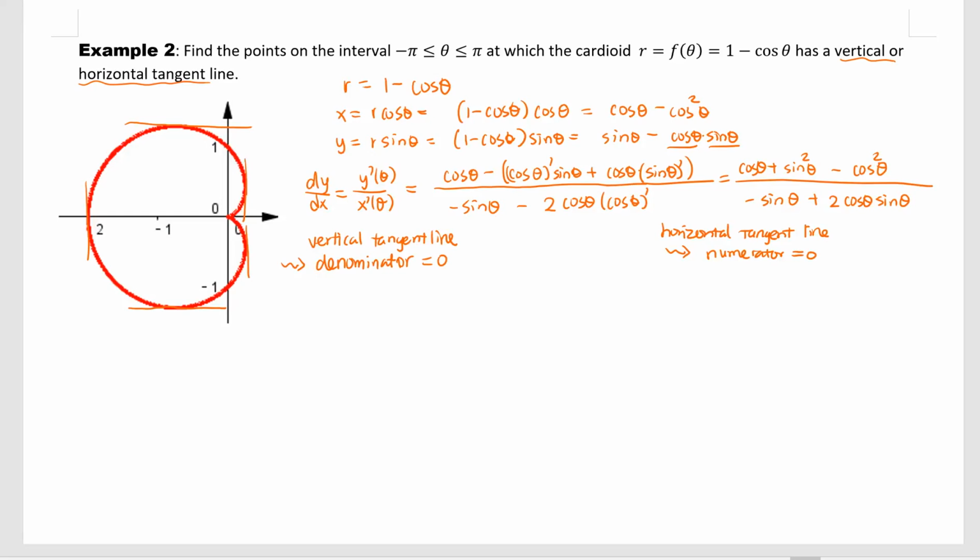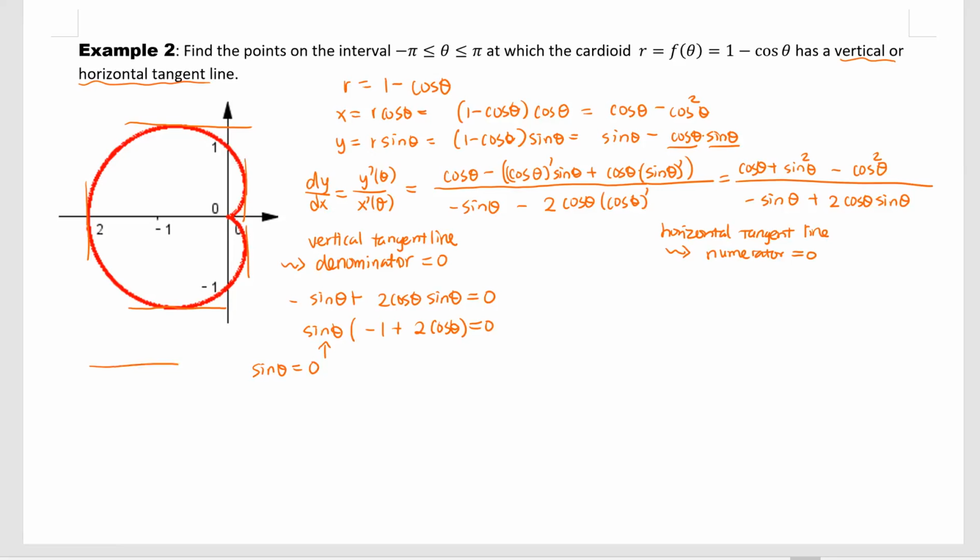The denominator equal to 0: we have negative sine theta plus 2 cosine theta sine theta equal to 0. Let's factor it. When we factor out sine theta, then we have negative 1 plus 2 cosine theta. Well, this guy, we get sine theta is 0.